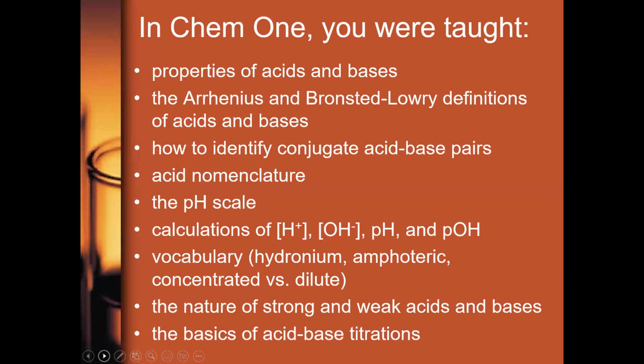These were formulas that were on your Chem 1 reference sheet, and some of them are on your AP reference sheet. The ones where you're solving for hydrogen or hydroxide, you have to rearrange the formula to be able to solve for those.